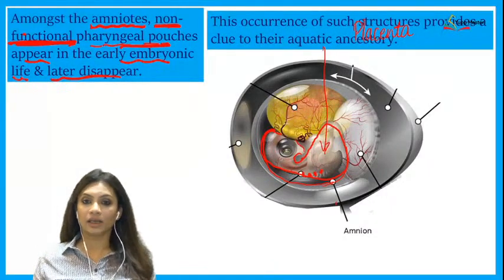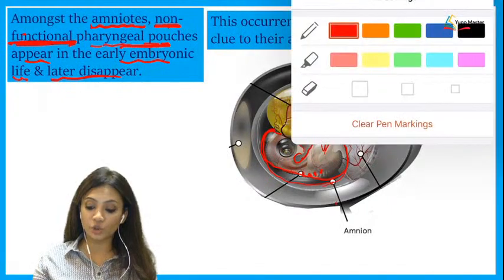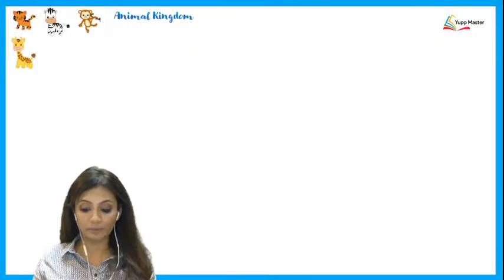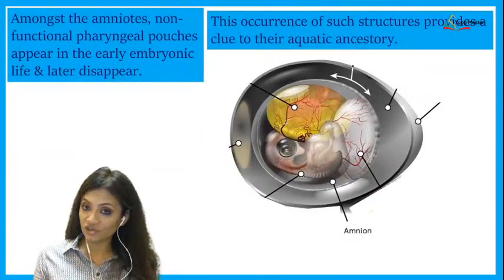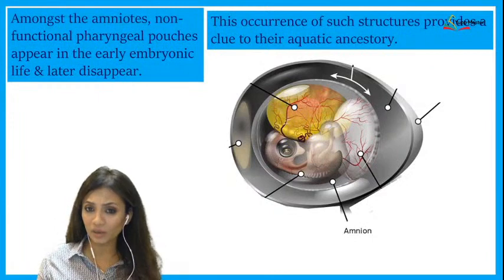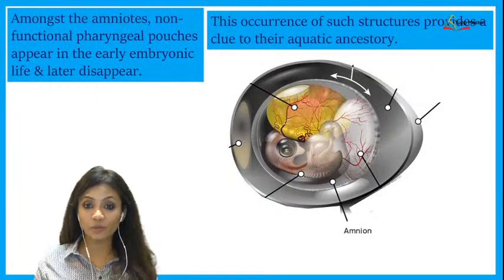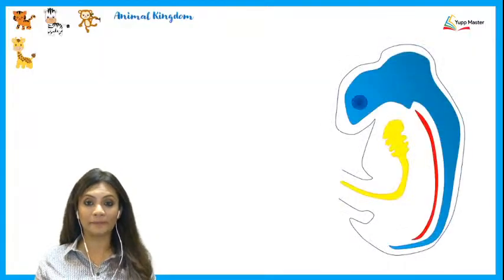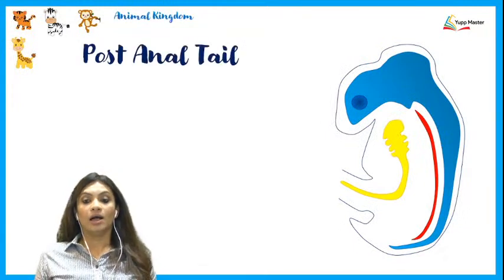All right, look at this very important sentence written here. These structures, the pharyngeal gill slits, are providing a clue to us that somewhere down the line our ancestry was aquatic. Okay, all right, so that's that.